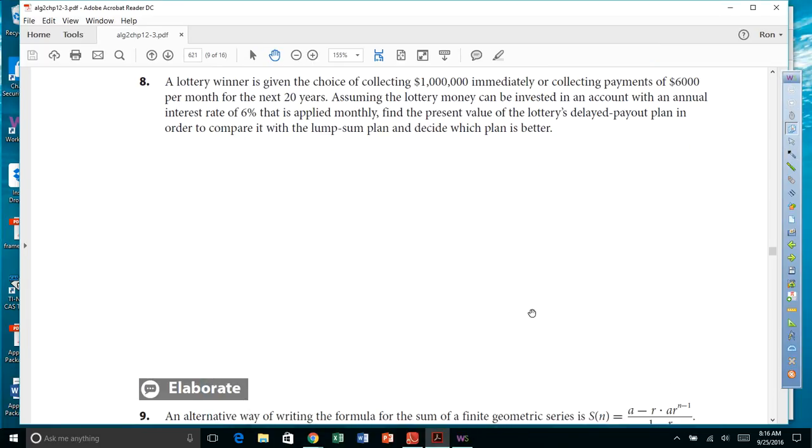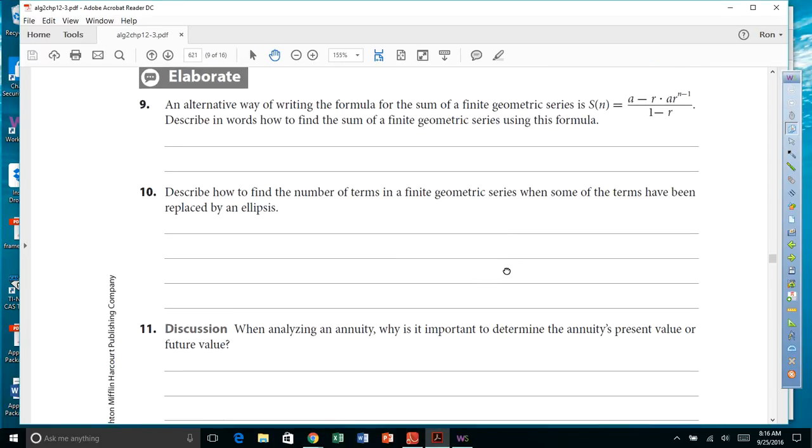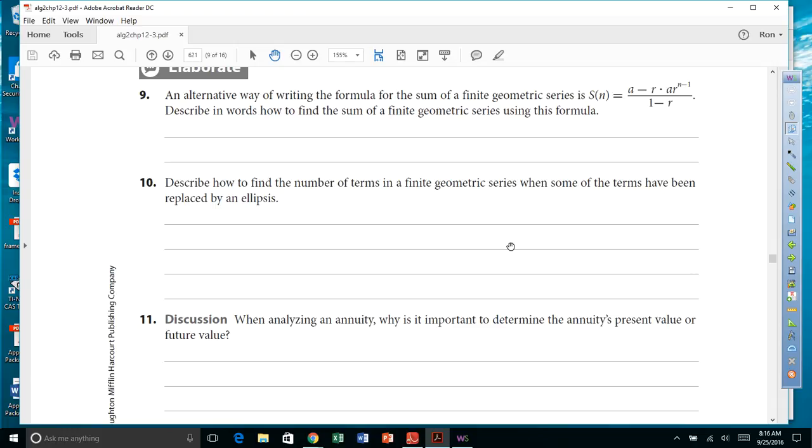So, an alternative way of writing the formula for the sum of the finite geometric series is S of n equals a minus r times ar to the n minus 1 power over 1 minus r. Describe in words how to find the sum of a finite geometric series using this formula.